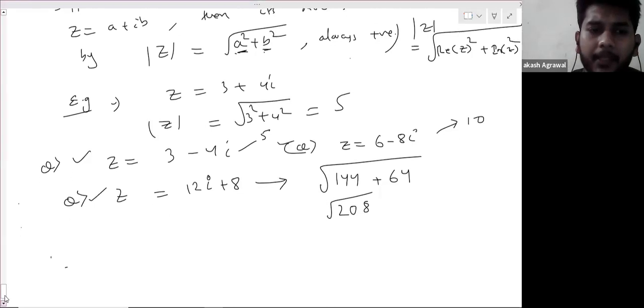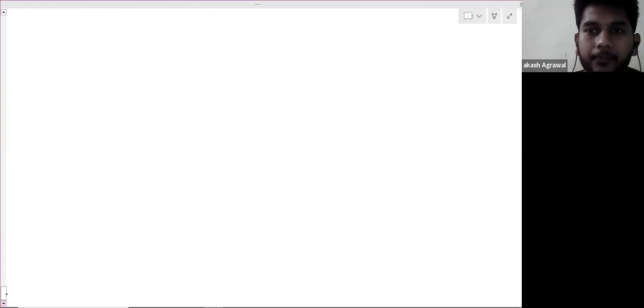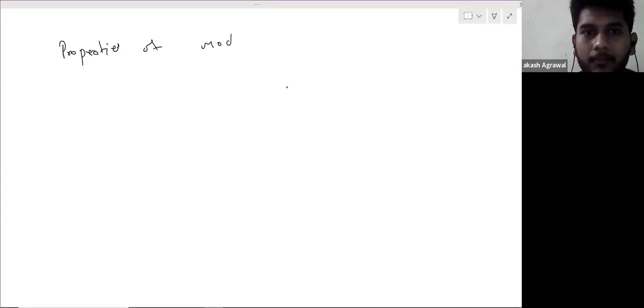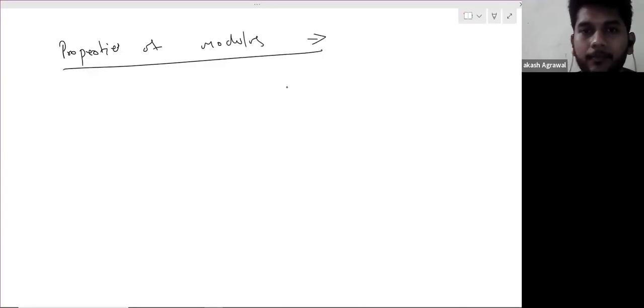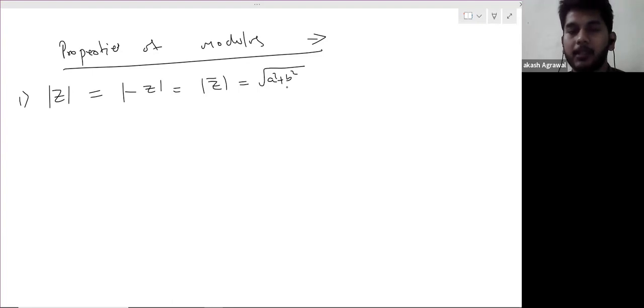So modulus is also pretty simple. There are a few properties of modulus, just like conjugate. If you take mod Z, or mod minus Z, or mod of the conjugate of Z, they are all equal, and it's the square root of a square plus b square.